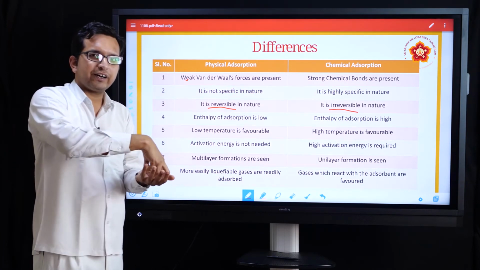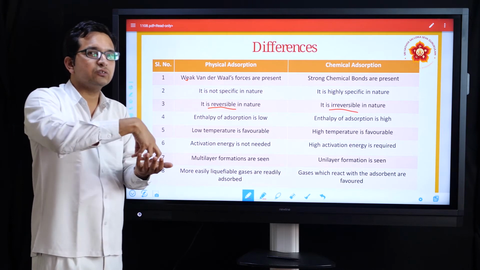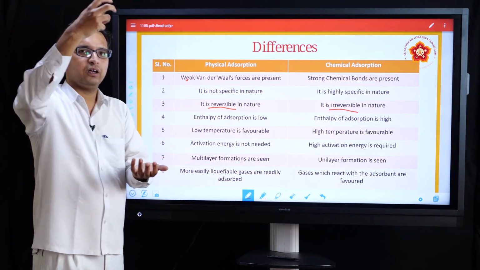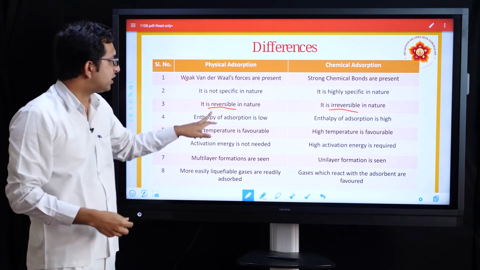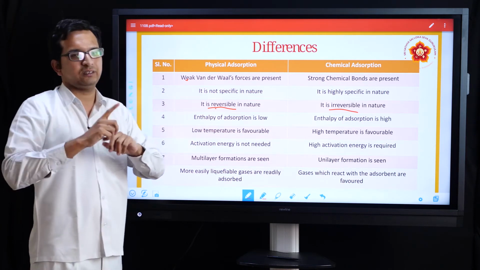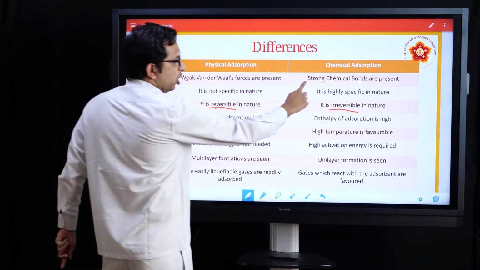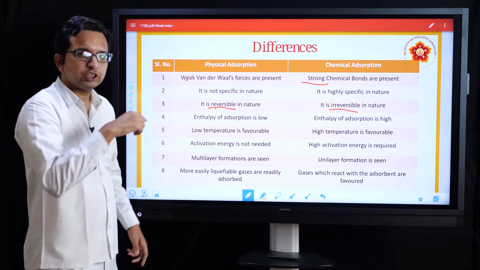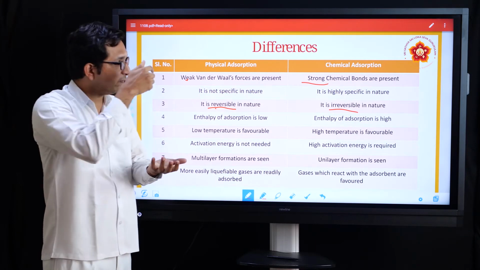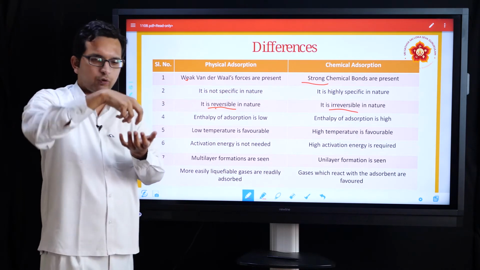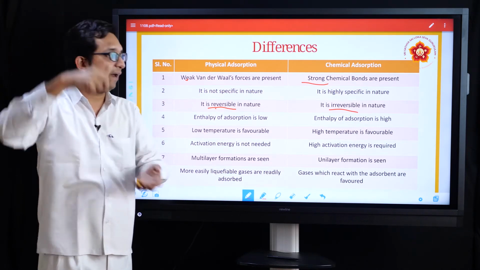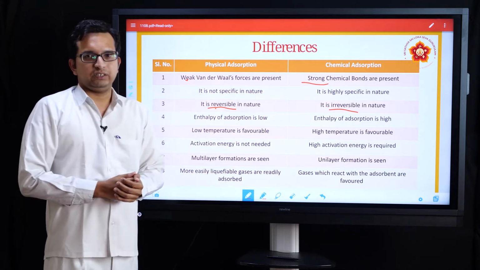Molecules will come and get attracted to the surface, and because it is weak, they will go back again. Come, attract, go back again. So that is why it is reversible. Whereas that is irreversible. Why is it irreversible? Strong chemical bond. Because it is strong, it is highly specific, and since it is highly specific, it will not leave the molecules very easily, and therefore it will be irreversible.